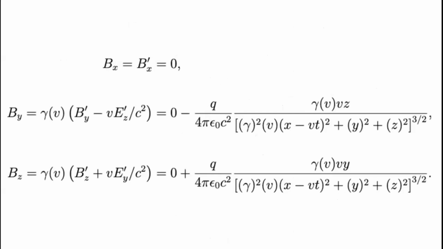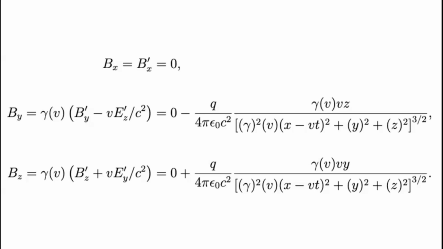And so you can see that the y and z components of the magnetic field in the co-moving frame are non-zero and are proportional to negative z in the y direction and y in the z direction, which, if you remember, corresponds to a counterclockwise rotation around the x-axis.